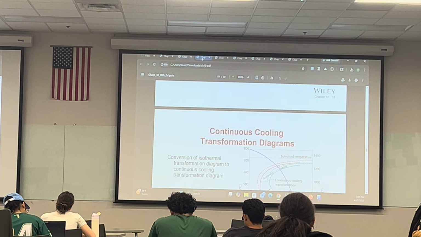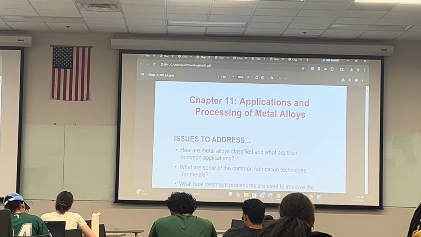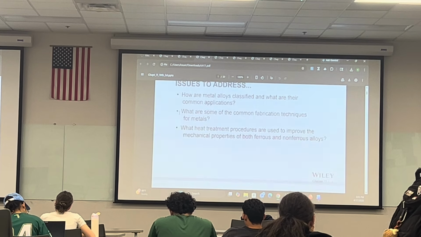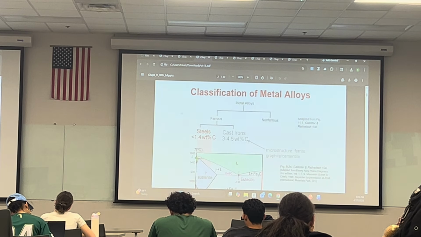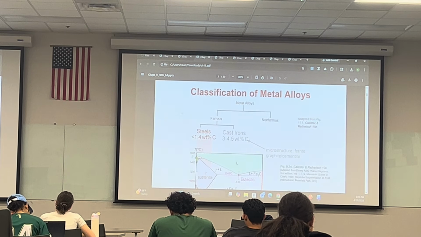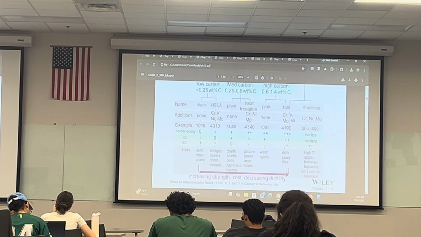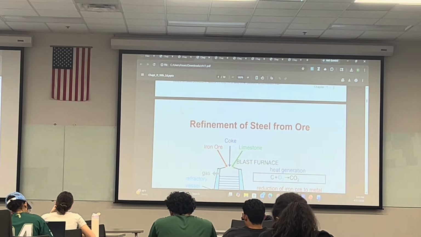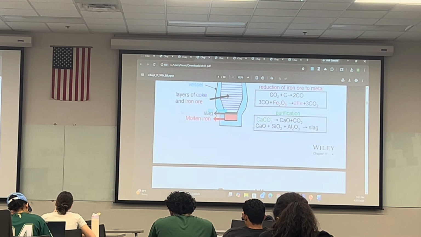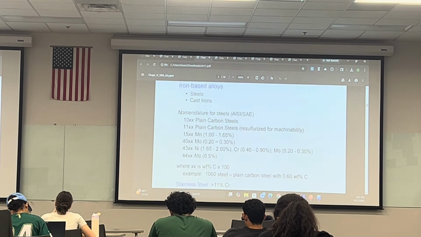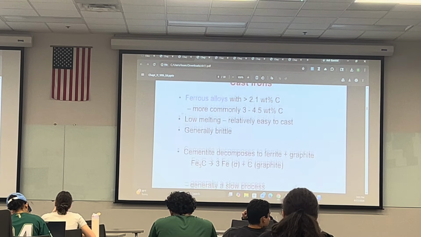Okay, so let's see chapter 11. This is also about metals, about applications and some mechanical properties. Cast iron.